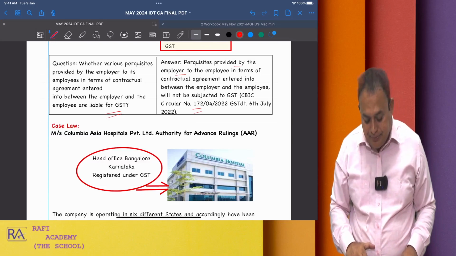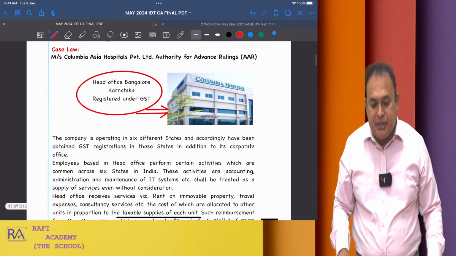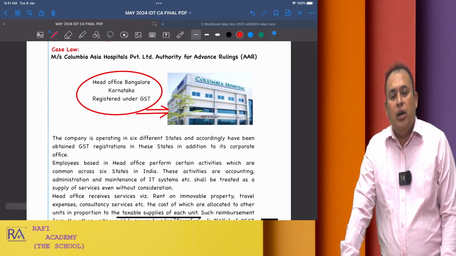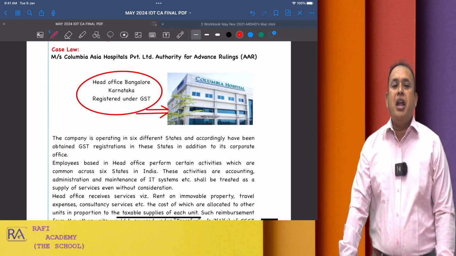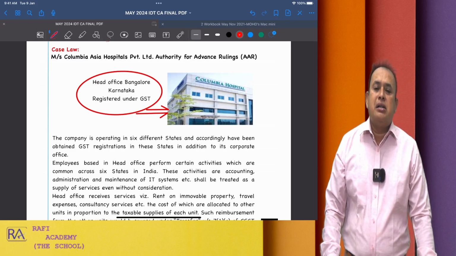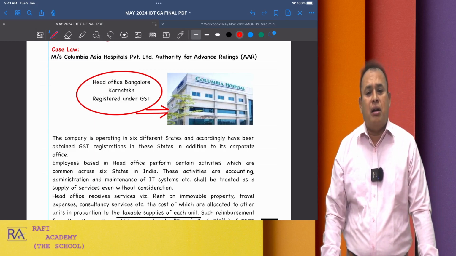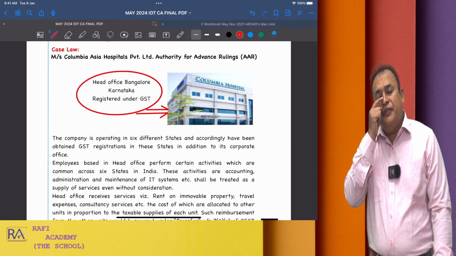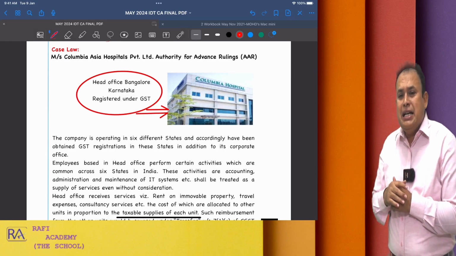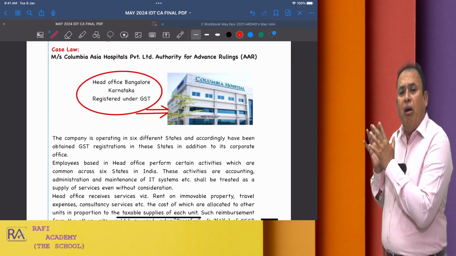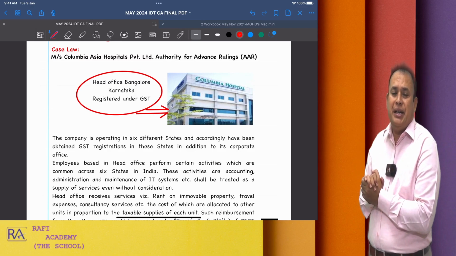Now come back. Referring here, my dear friends, to one important case law from the Authority for Advance Ruling, namely from Karnataka. Authority for Advance Ruling, Karnataka, has given the ruling in the case of Columbia Asia Hospitals Private Limited.